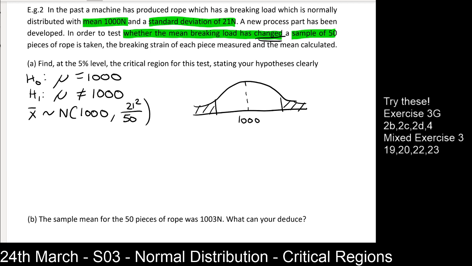Now in this question, I'm testing at the 5% significance level. So I split that 5% into 2, so 2.5% in either tail. And that would help me with what I put in on my calculator. So now what I'm going to do is find the lower tail, and I'm going to find the upper tail.